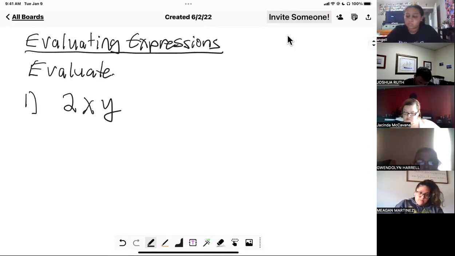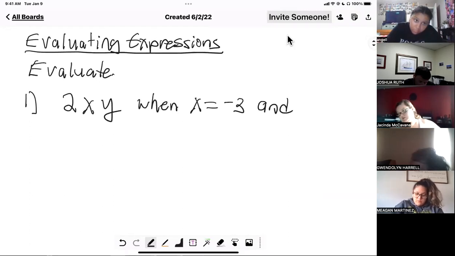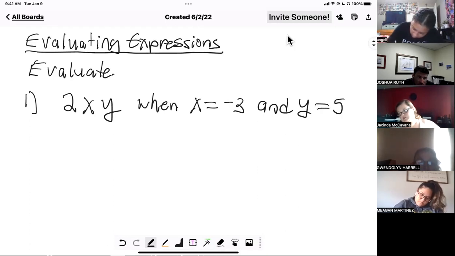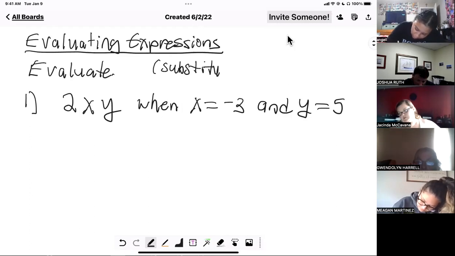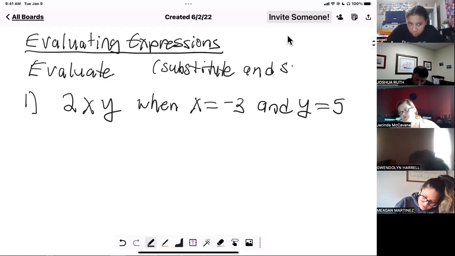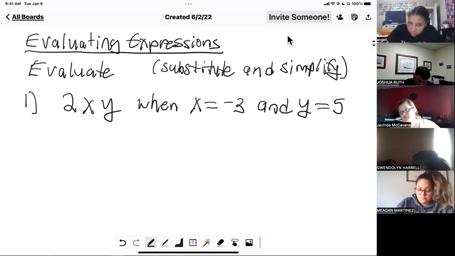So evaluate 2xy when x equals -3 and y is equal to 5. So again, the idea is that we're going to substitute and simplify and find the answer, right? Actually, let me write that down. Substitute and simplify. So evaluate in this instance means substitute and simplify.